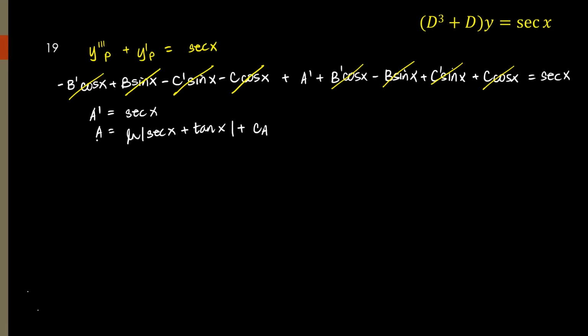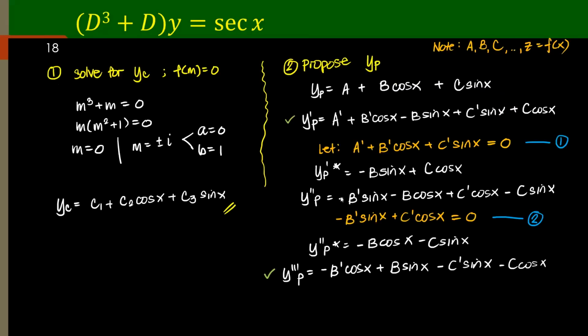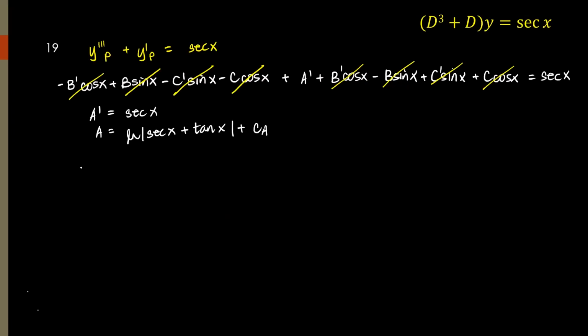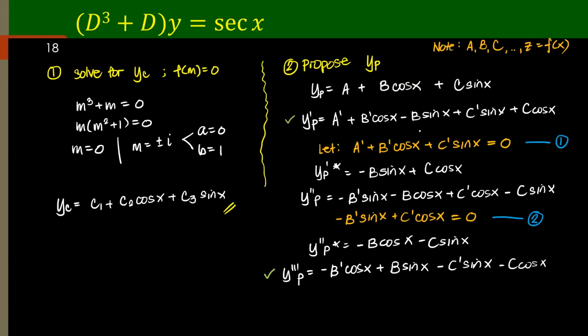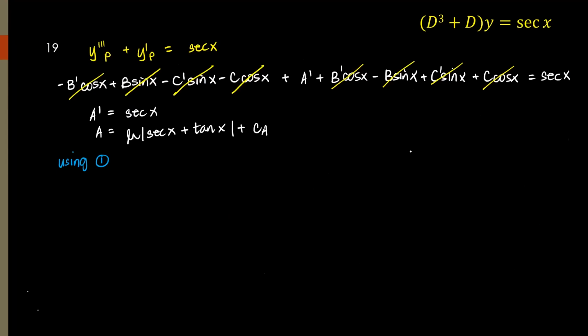Now that I have my a prime, looking back here, I have my a prime already. So that means using equation number 1, it says here, a prime plus b prime cosine x plus c prime sine x is equal to 0.